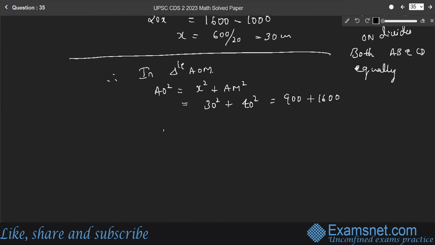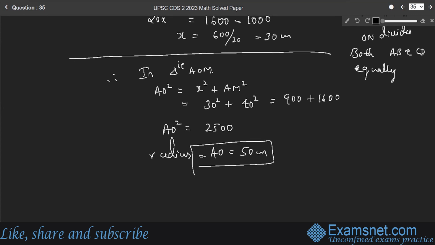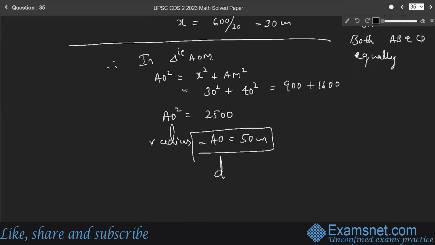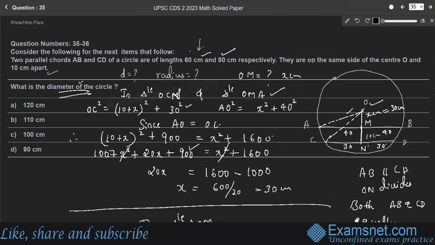So radius square is 2500. Therefore, radius AO is 50 centimeter. Here we need the diameter of the circle. Therefore, diameter is 2 times radius, 2 times 50, which is 100 centimeter, the diameter of the circle. Option C is the right answer.